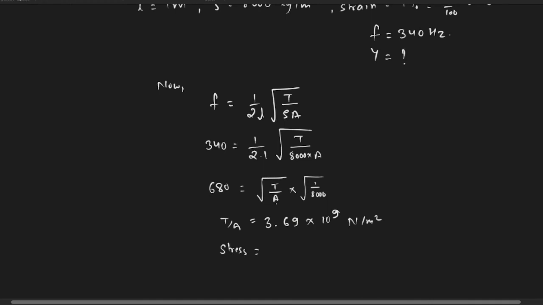Tension by area is equal to stress. So we need to calculate Young's modulus, which is equal to stress by strain, 3.69 into 10 power 9 by 0.01. The value of strain is 0.01.